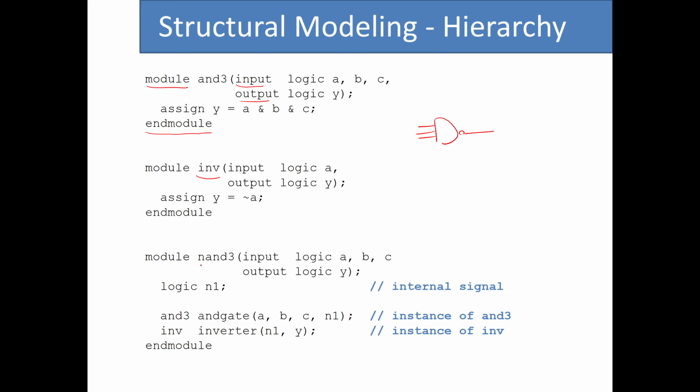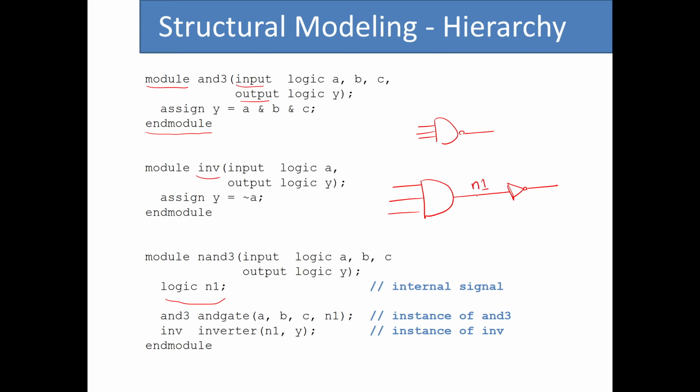So if you want to define the 3-input NAND gate, you can say you have A, B, and C as the inputs. You have this intermediate or internal signal. So let's say I want to define the NAND gate by an AND gate followed by an inverter. You see after the result of the AND gate is finalized, you need to assign it to a variable.